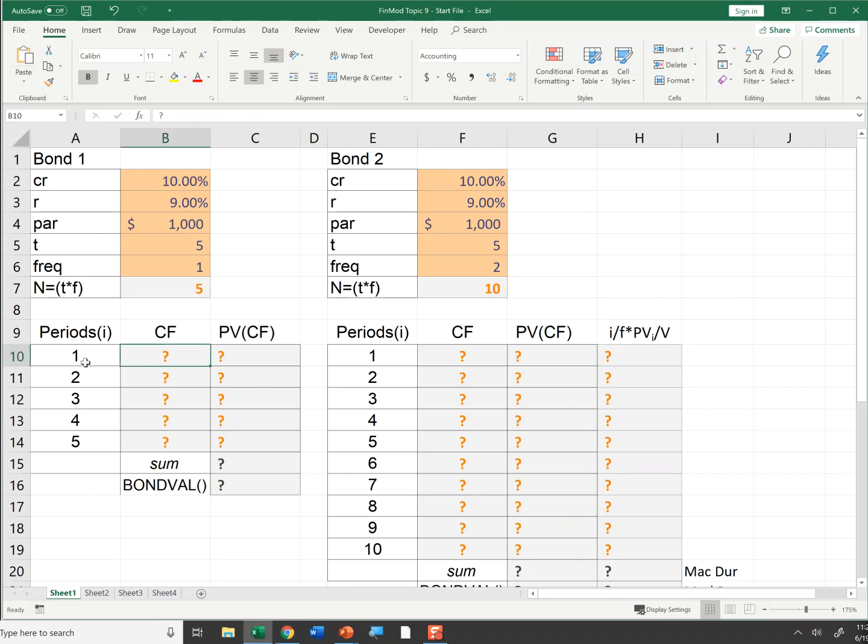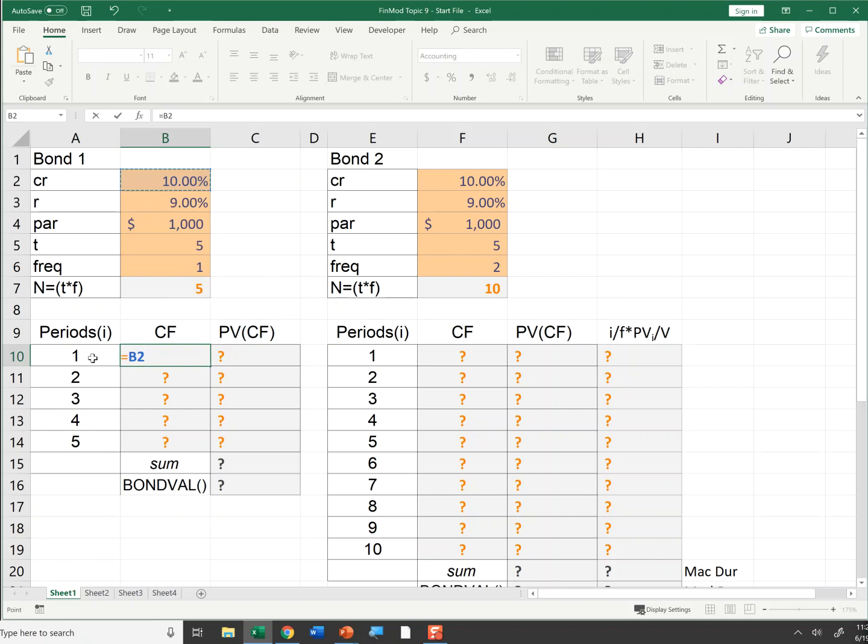So we're going to first look at our periods. The present value of the bond is the sum from i equals 1 to T times F. In this case, when there's only 1 payment per year, there are only 5 total payments, so I've listed periods 1, 2, 3, 4, 5. Each period is going to pay a coupon.